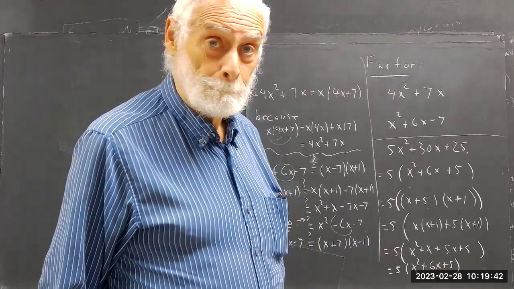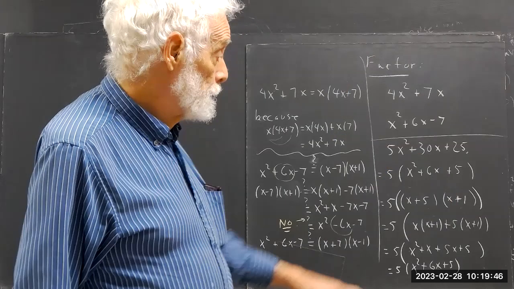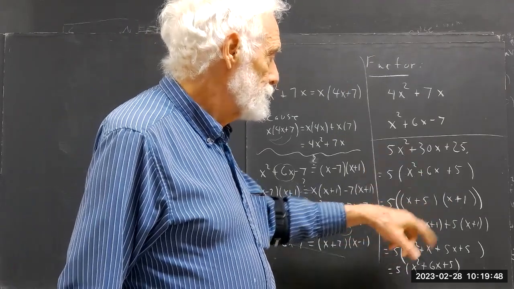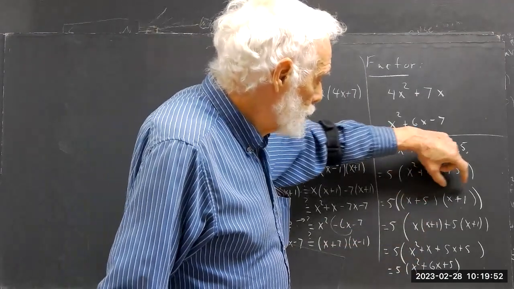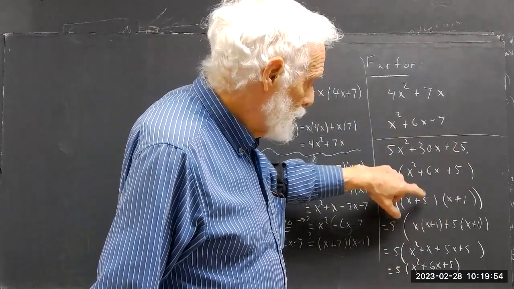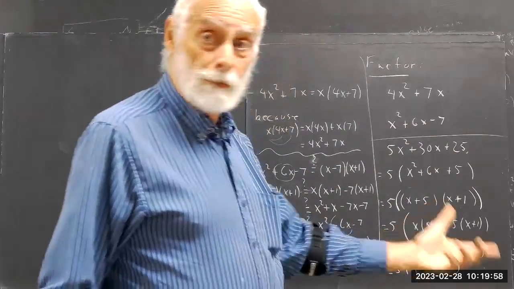Okay, so we got to be able to multiply these. Well, you got to simplify. We multiply this by this. And that works out for this. Now multiply through by 5 and see what you get.